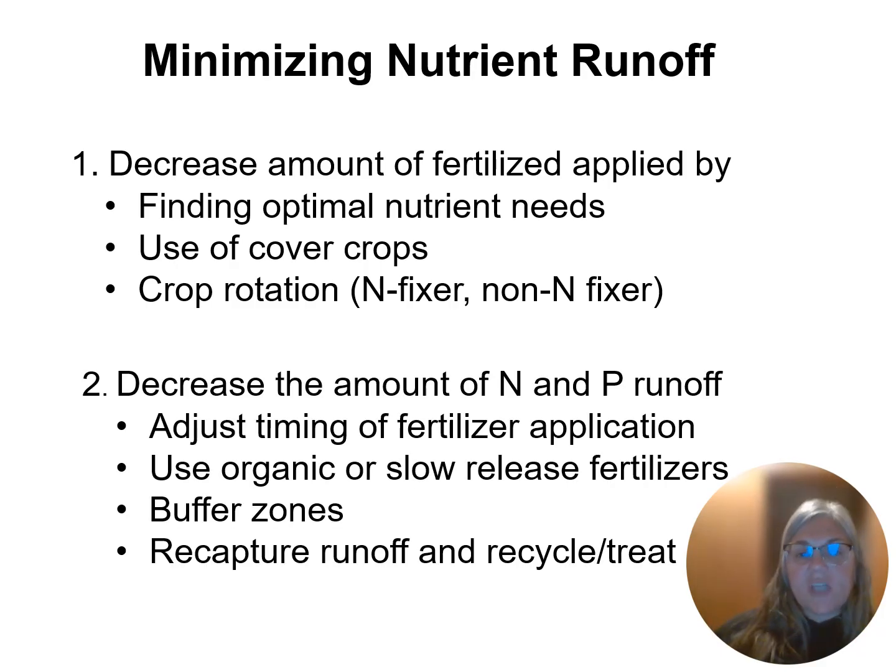The other thing is adjusting the time of fertilizer application, so only applying when the plants are most active and able to take up the nutrients. The other is using organic fertilizer or slow release fertilizers.